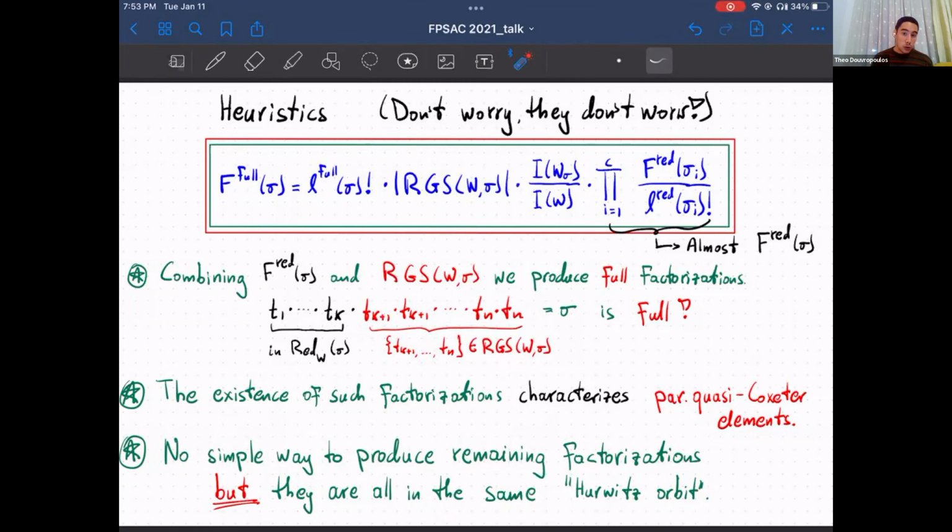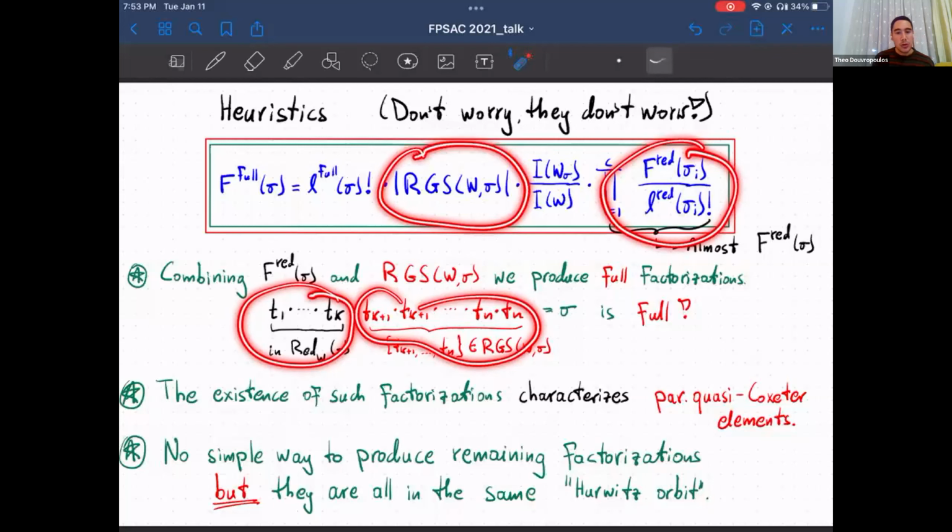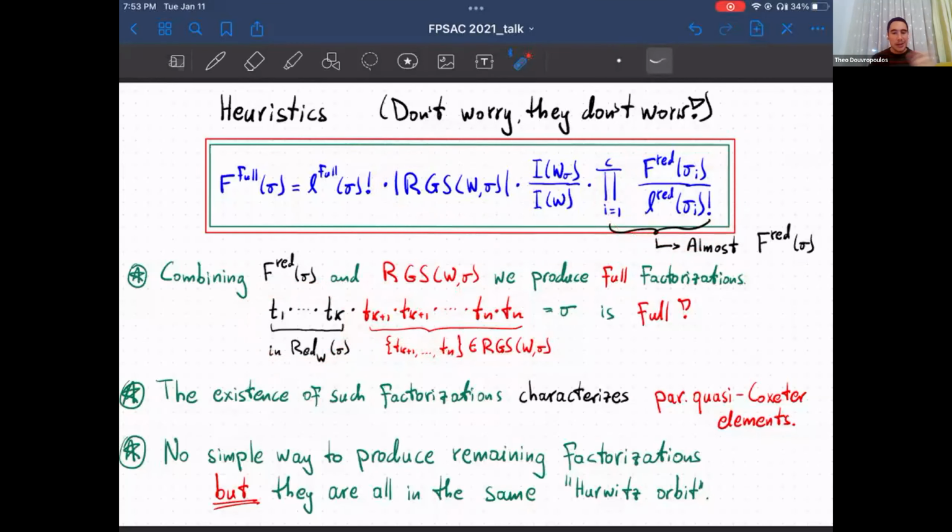And, you know, it's a good numerology. Here we have Fred many ways to do it. Here we have RGS many ways to do it. And maybe there would be a bijection or something like that. Well, you know what? It doesn't work. At least it doesn't work in the obvious way that we thought about it. But it's kind of right there, right? There might be something behind it.